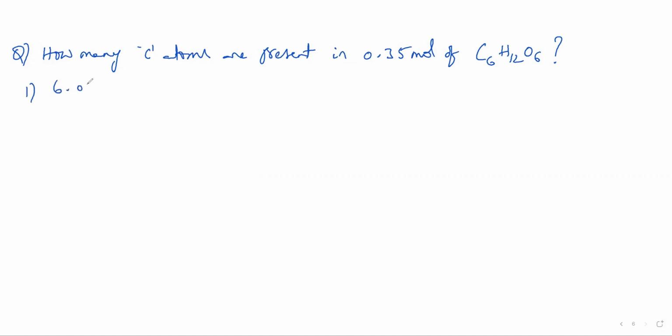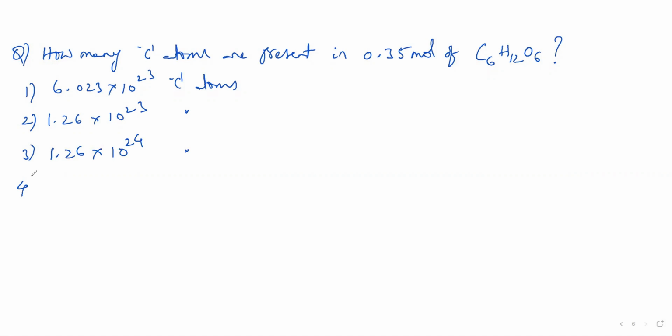Options are 6.023 into 10 power 23 carbon atoms. Second option, 1.26 into 10 power 23 carbon atoms. Third option, 1.26 into 10 power 24 carbon atoms. The last option is 6.023 into 10 power 24 carbon atoms. So these are options given.